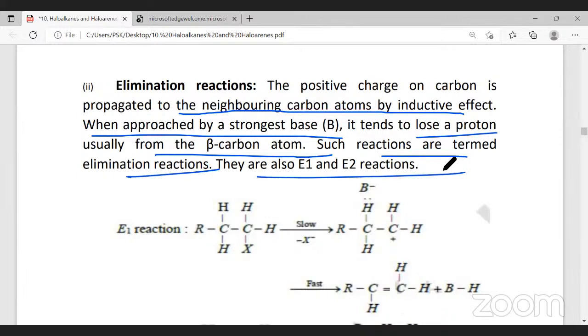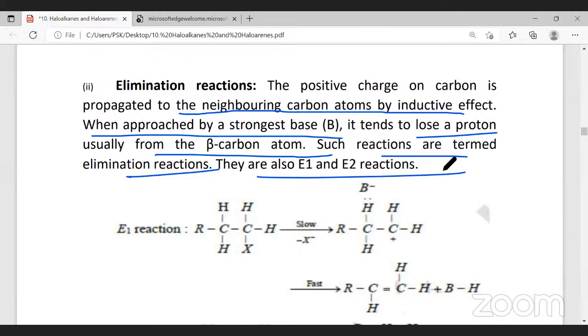They're also called E1 and E2 reactions. E stands for elimination. Now, what is this? We'll take an example and learn. A positive charge on the carbon is propagated to the neighboring carbon atoms by inductive effect.